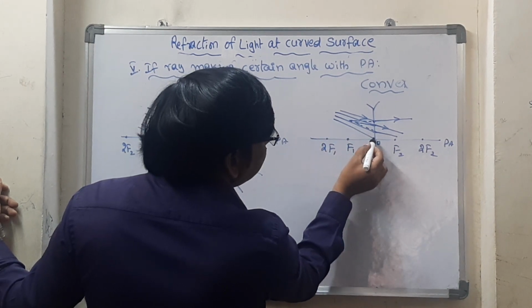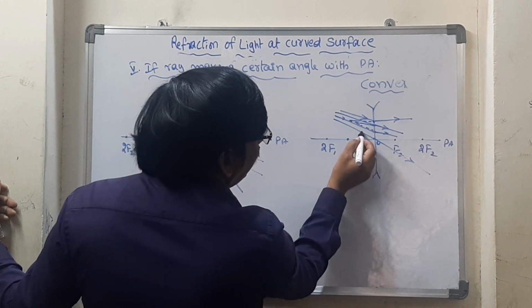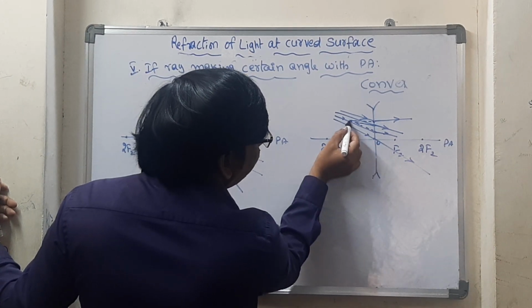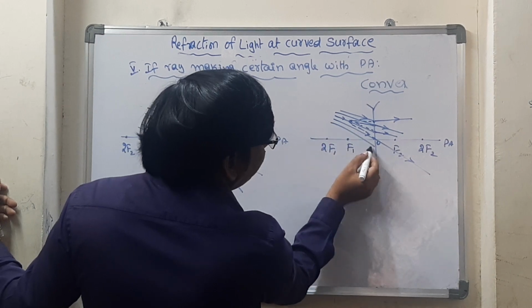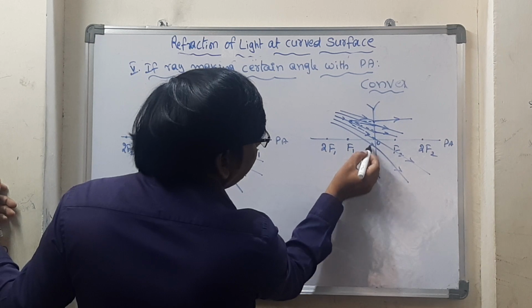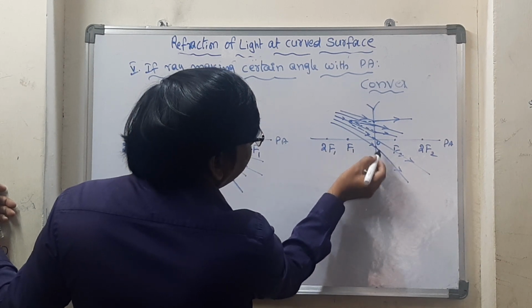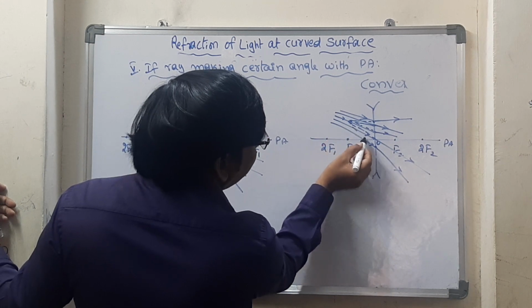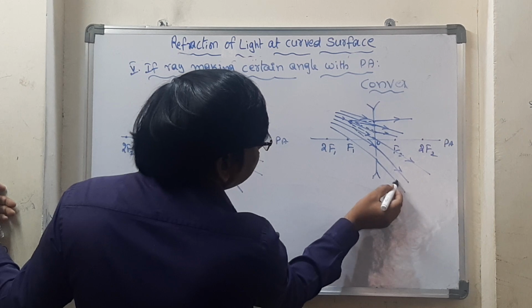And as there will be no change if it is passing through the optic center, right from here also you take one diverging. You take one more ray that undergoes diverging, and from where it is diverging, right from there you take one more point. So you take any number of rays like this.